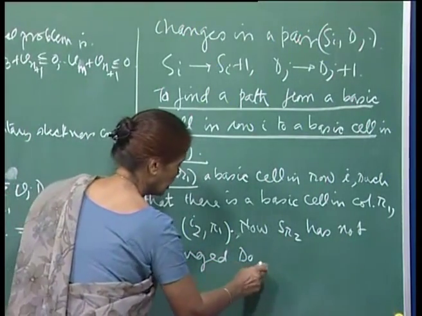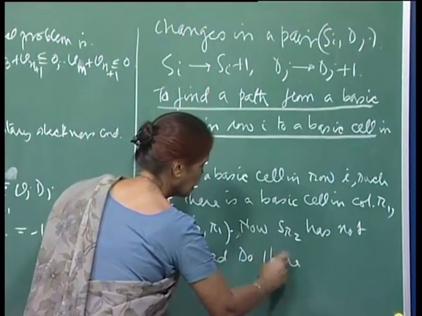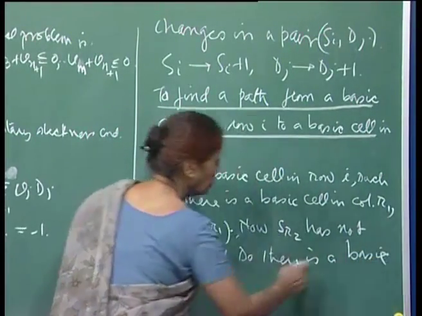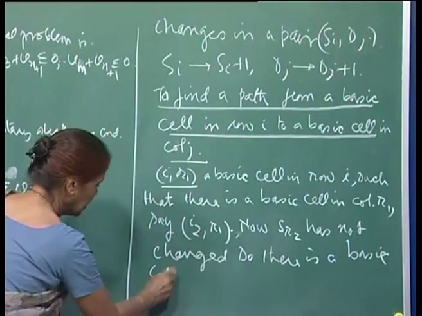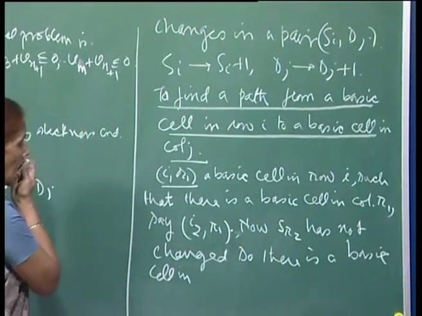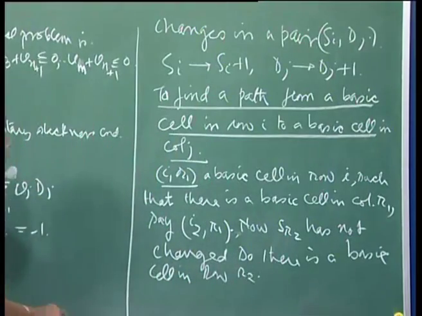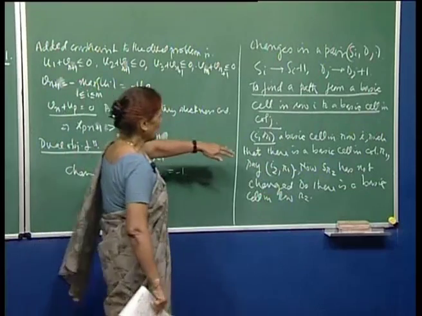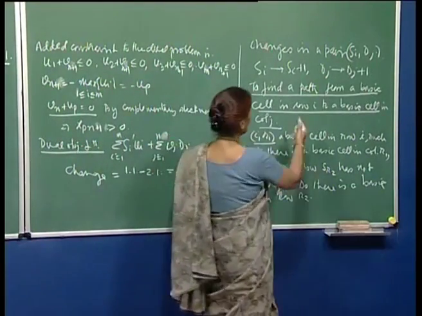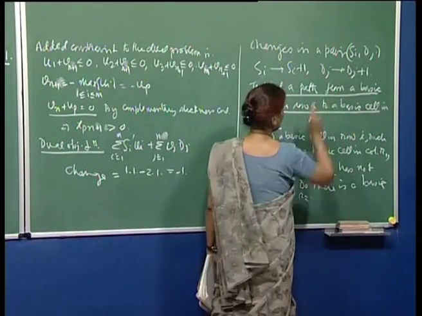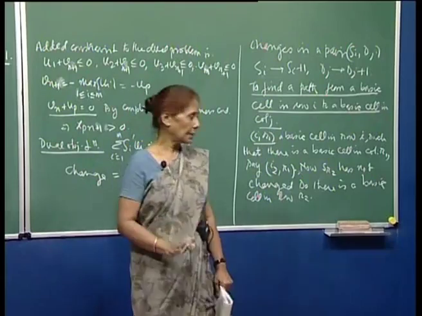So, there is a basic column, basic cell in row R2. The idea is that you just keep on moving. To find a path, you have to find a path from a basic cell in row I to a basic cell in column J. This is the whole idea, right.